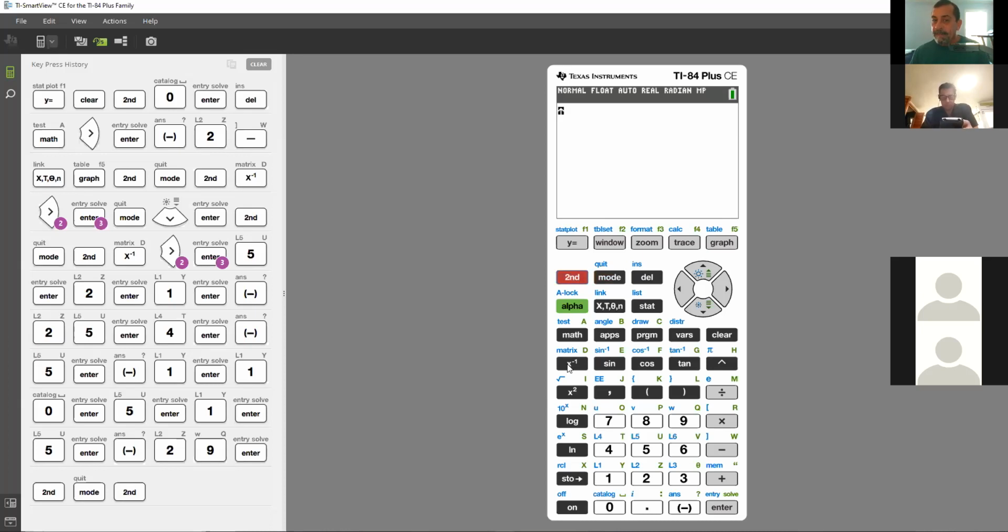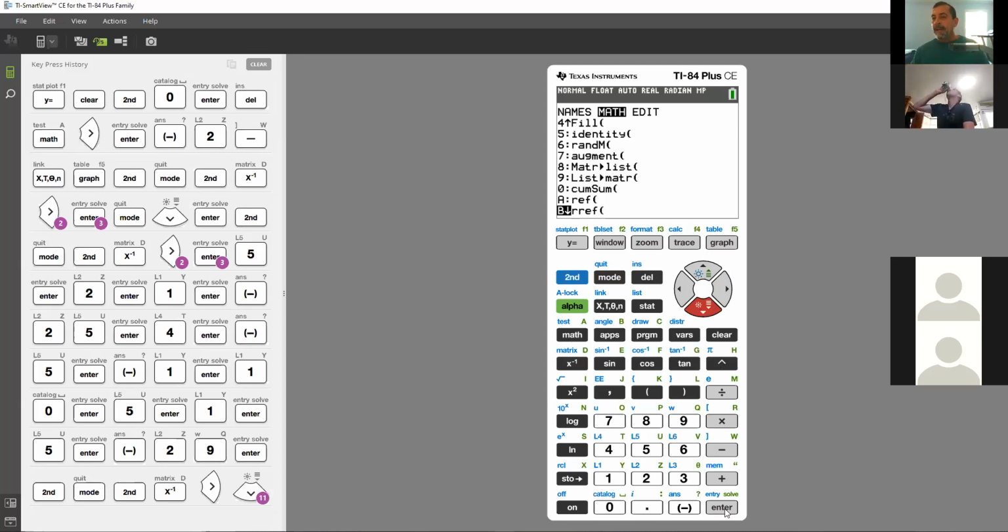Now remember, I got to go to second x negative 1. This time we want to arrow right until we hit the math column. In the math column, you want to arrow down until you find RREF. When you get to RREF, hit enter.